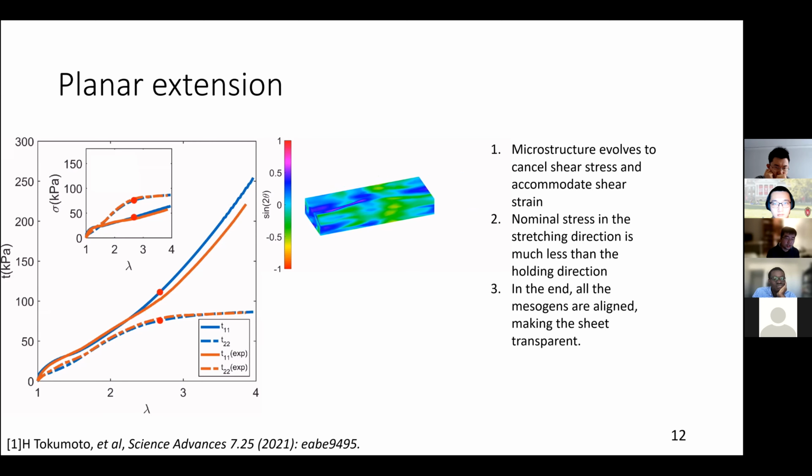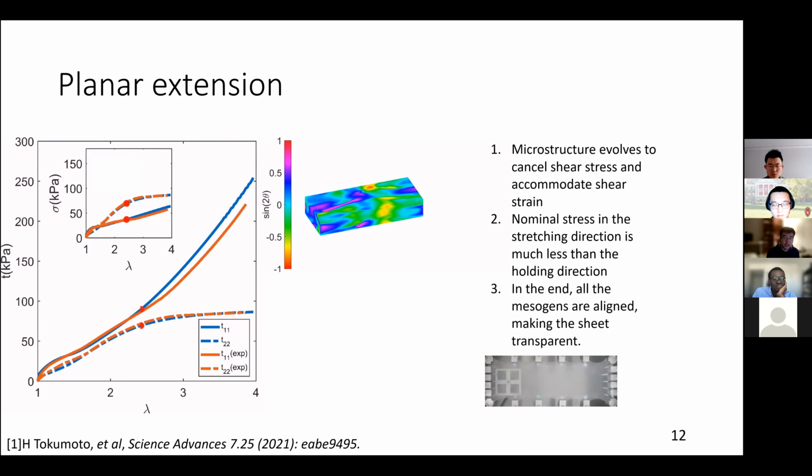And this is accompanied by the divergence of the Cauchy stress. So this is giving us a hint that the liquid-like behavior of the liquid crystal elastomer is actually a result of the reorientation of the liquid crystal molecules.